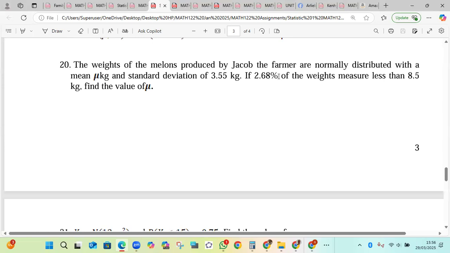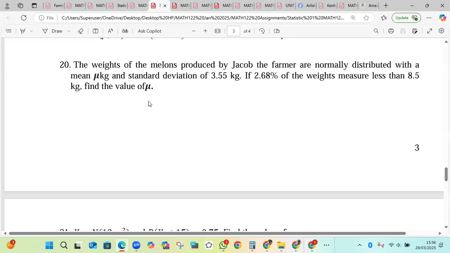But before you can go to the z, you have to subtract this from 1: 1 minus 0.0268. That is the value you go into the table with to get your z. Put a negative sign to it, then do the algebra to solve for mu. You should get a value which is more than 8.5, because 8.5 is to the left of your mean value.